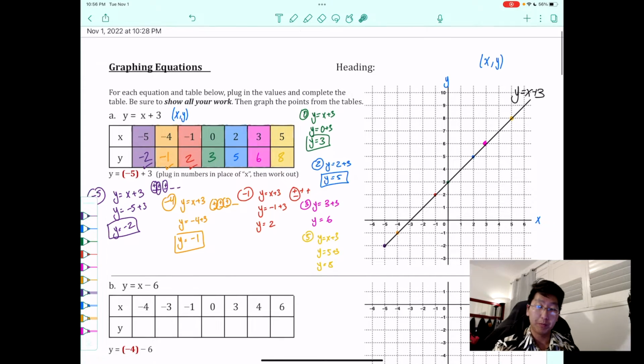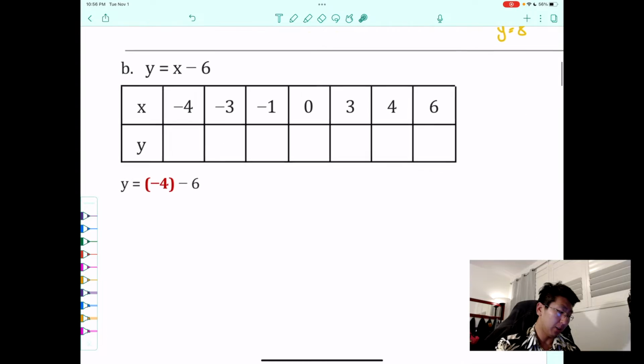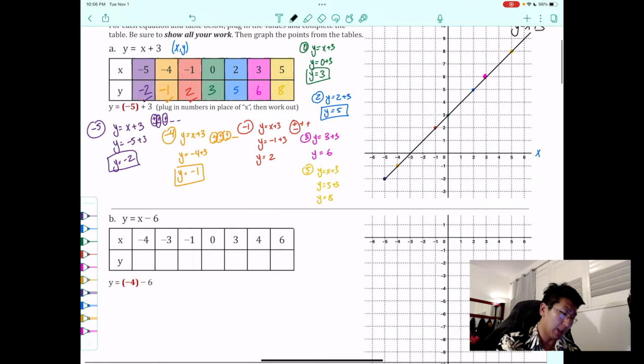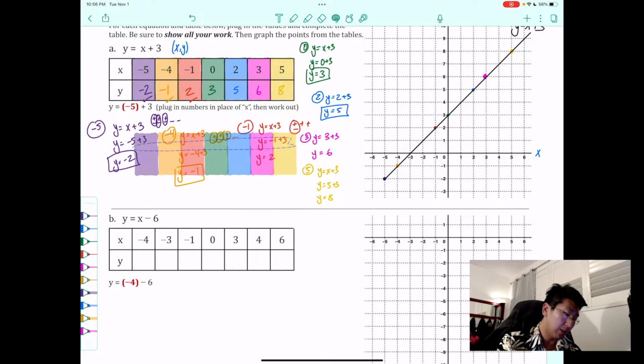Y equals 3. Okay. All right, let's try this one. Now we have different numbers. This is a completely different equation. I'm not going to color coordinate like I did last time. I'll duplicate just the top part of this table. Oh, look at that. That's perfect.